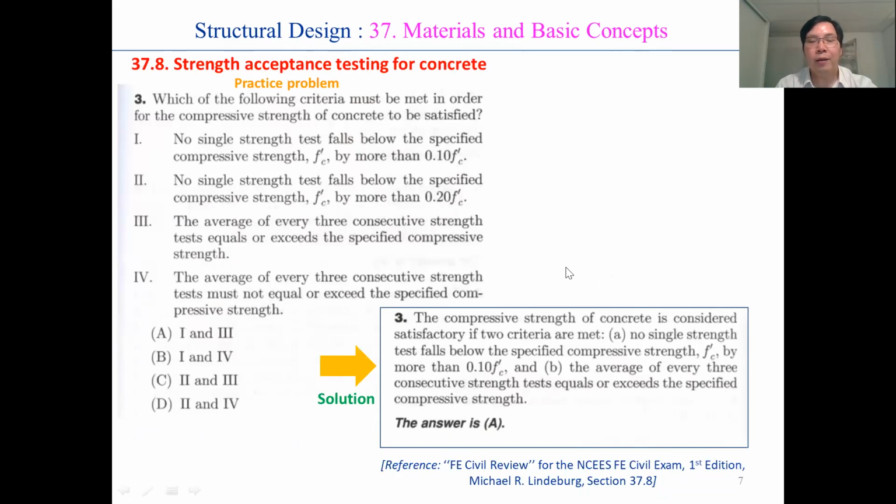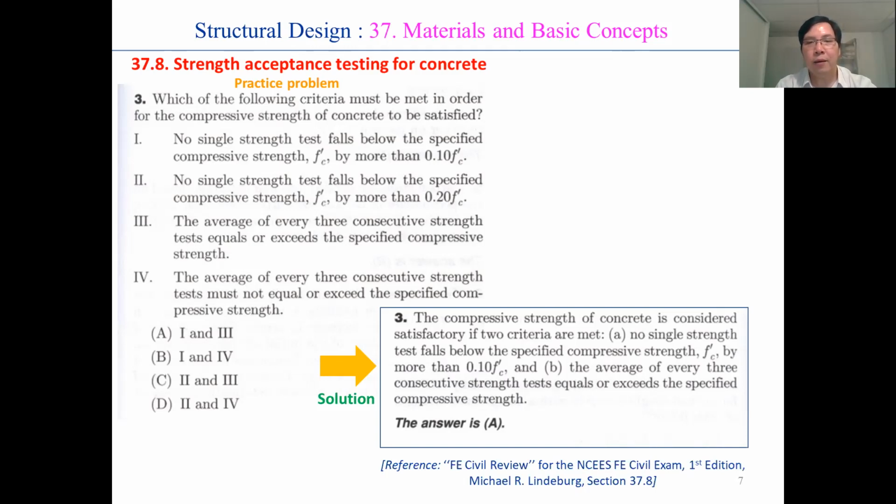the good theory, and the documentation shows that the compressive strength of concrete is considered satisfactory if two criteria are met. The first criterion is no single strength test falls below the specified compressive strength f prime sub c by more than 0.01 f prime sub c.